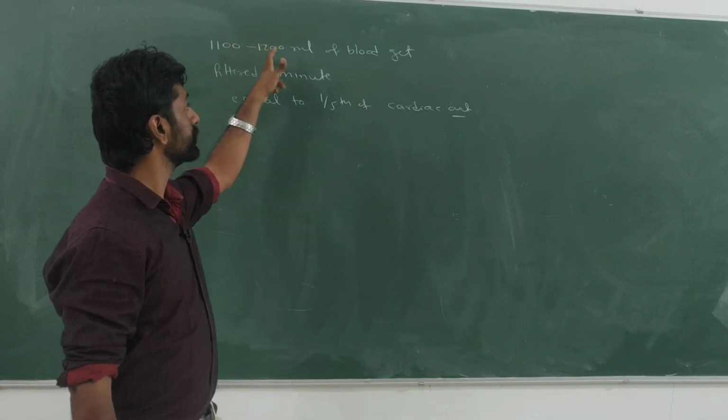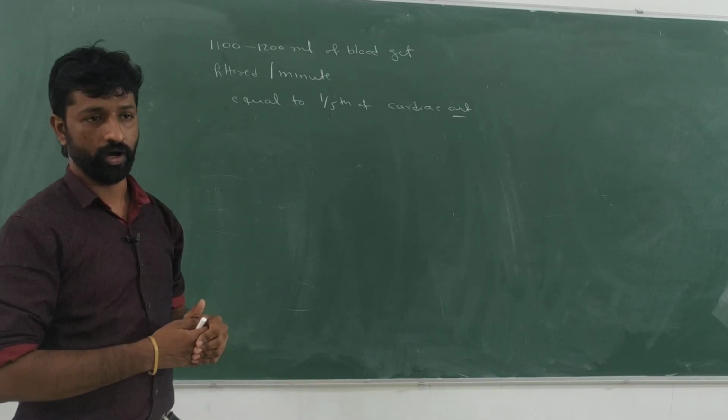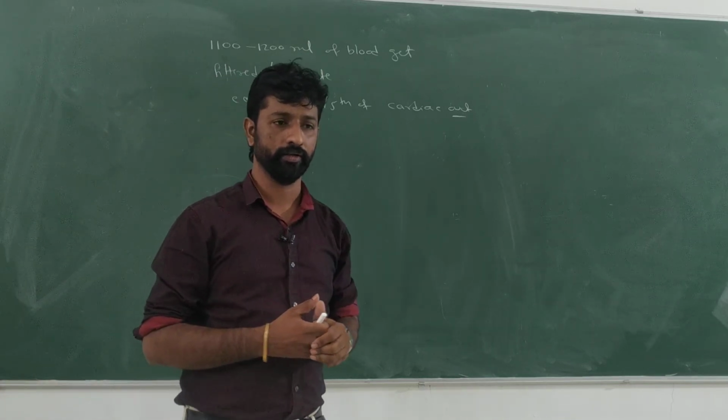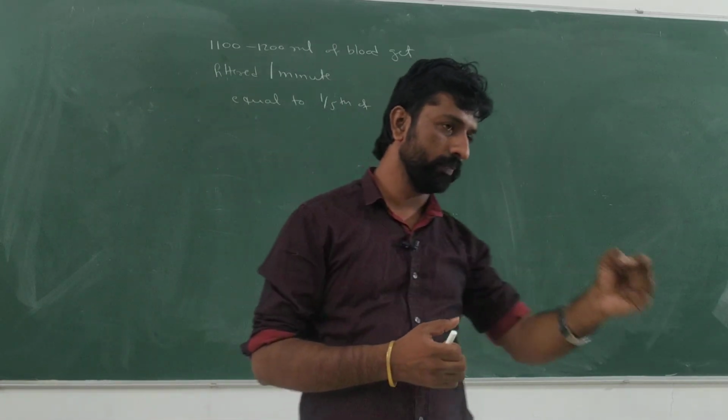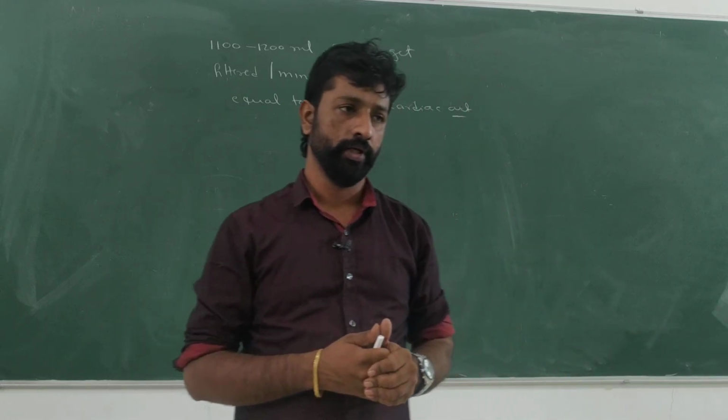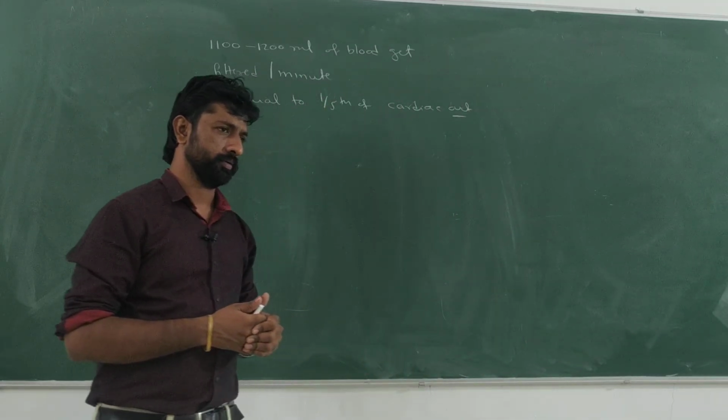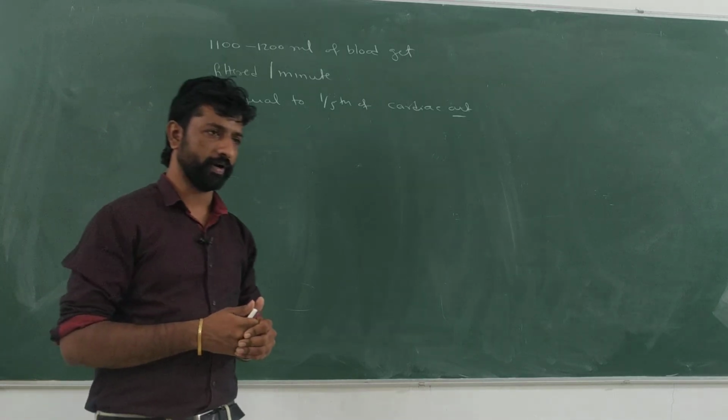Among these 1100 to 1200 ml of blood filtered, how much filtrate is formed in the Bowman's capsule? 125 ml.